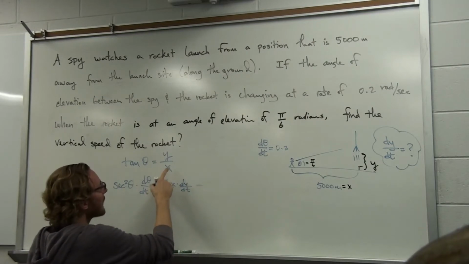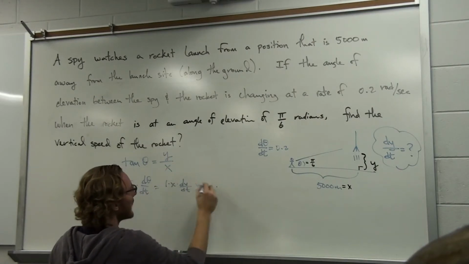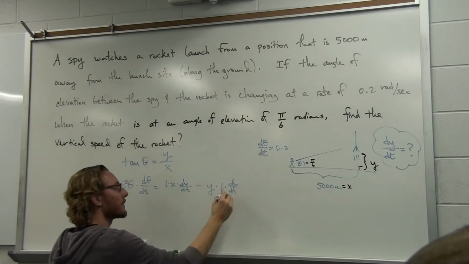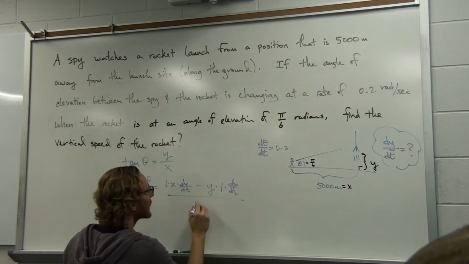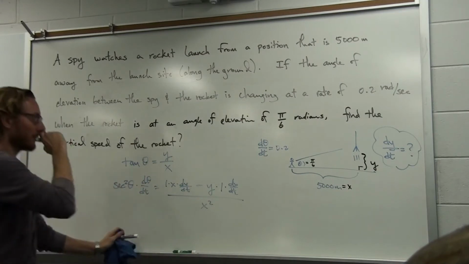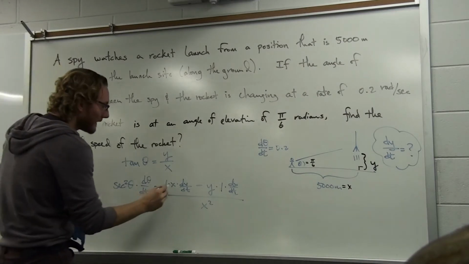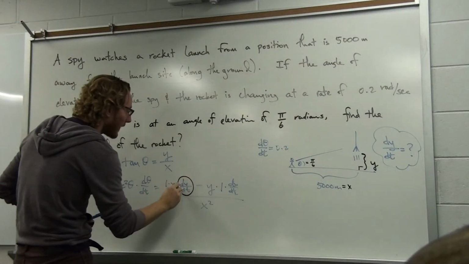And now we're going to take a carbon copy of the first times the derivative of the second. But the derivative of the second was a derivative with respect to x. And this is all going to be over the denominator squared. But now when you look at this, we are trying to find the dy over dt.